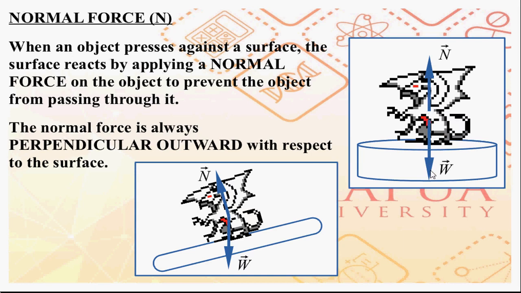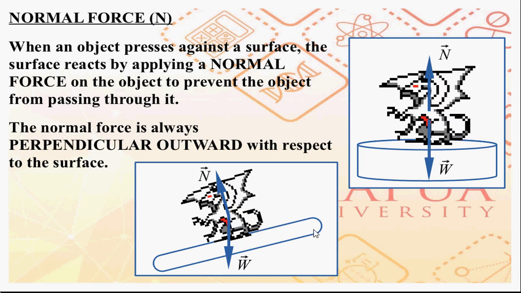You can think of it as the surface pushing the object away to prevent it from passing through the surface. So it's always perpendicular with respect to the surface. So much so that if the surface is diagonal, the normal force will also be diagonal in the orientation that it is perpendicular to the diagonal surface.